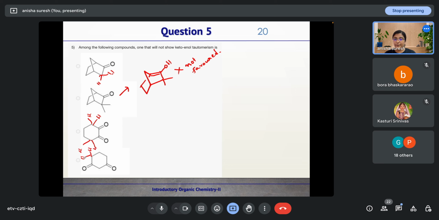Here also. In this case, the alpha hydrogen that is present is at the bridgehead position. So abstraction is not feasible, as it will result in the formation of an alkene at the bridgehead position. So option B is the right answer. Is it clear?